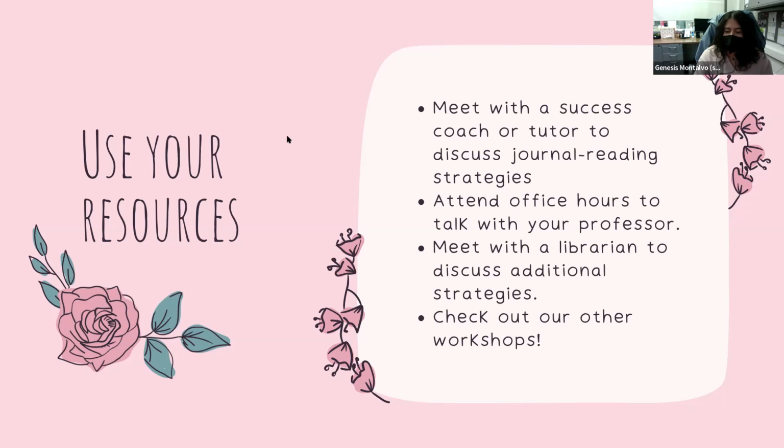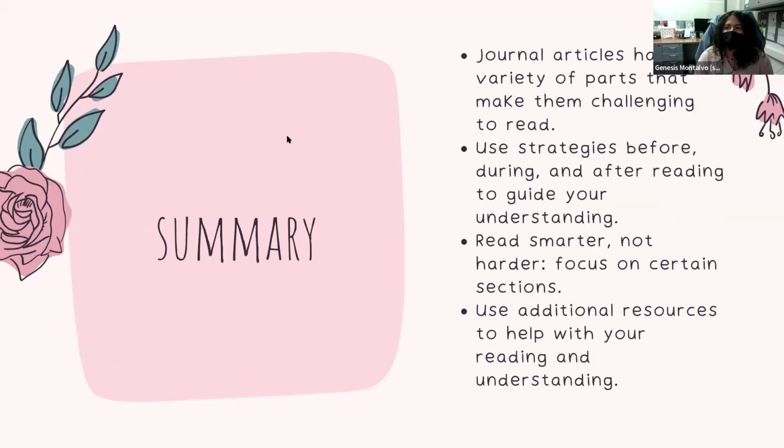So that brings us to the end of this workshop. So just to have a brief summary, journal articles have a variety of parts that make them challenging to read. So it's important for us to understand how each of these parts work in order to be able to read a journal article effectively. Use strategies before, during, and after your reading to guide your understanding.